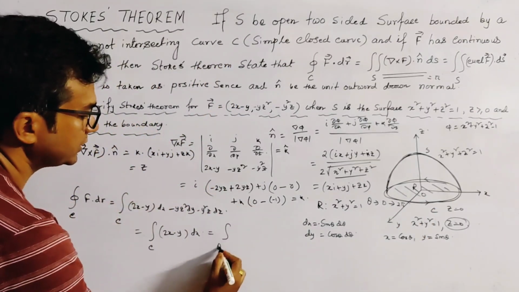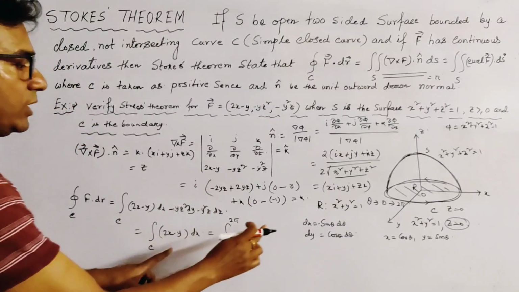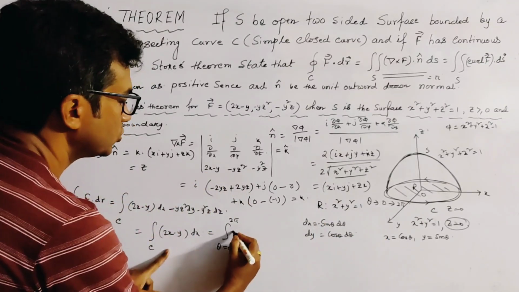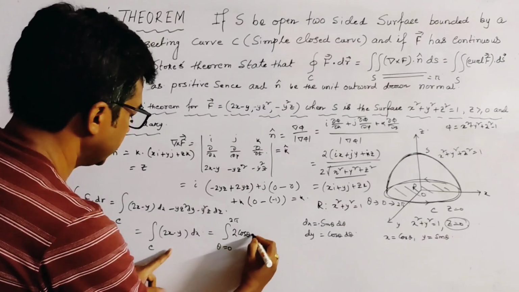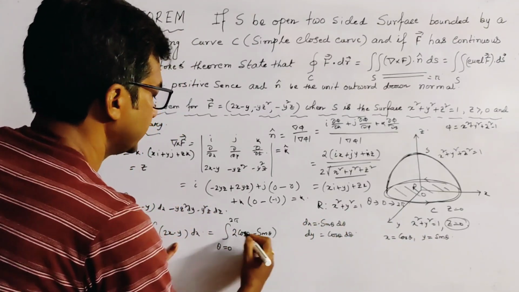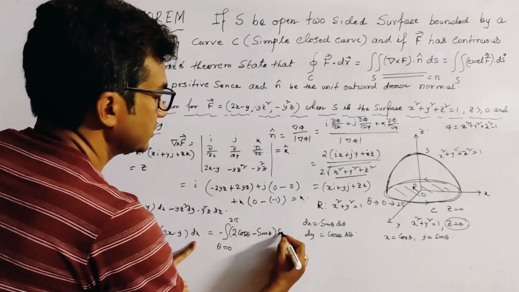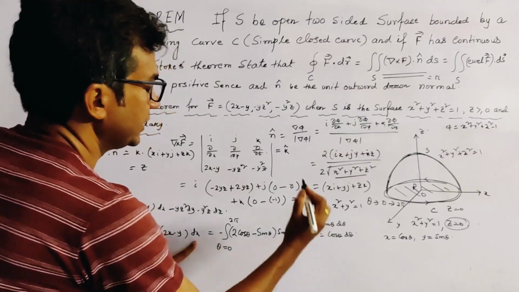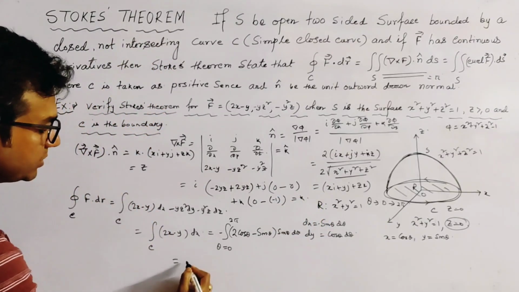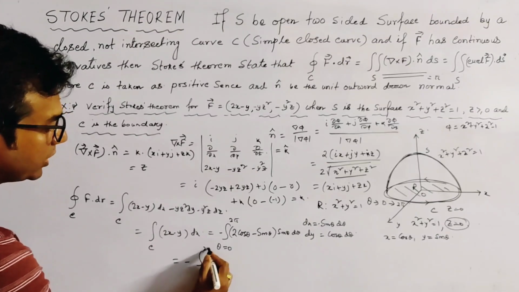So the integration of theta is 0 to 2 pi. We put the value of x: this is (2 cos theta minus sin theta), and dx means minus sin theta d theta.